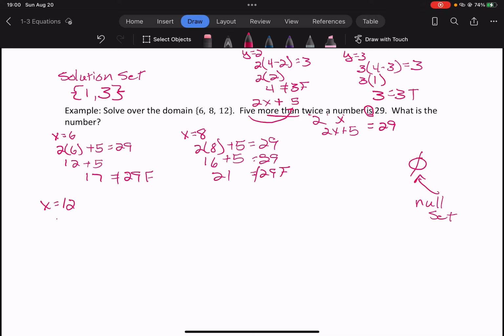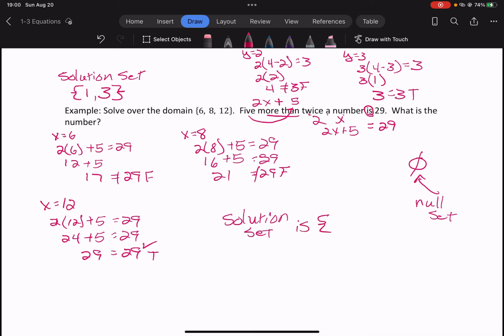So let's look at 12. 2 times 12 plus 5, does that equal 29? 2 times 12 is 24, plus 5 is 29. 29 does equal 29. We can check it, put true. So I can say my solution set is just one element, 12.